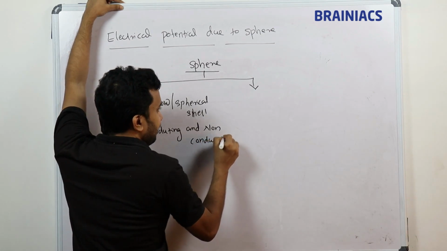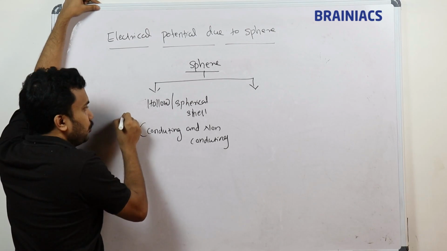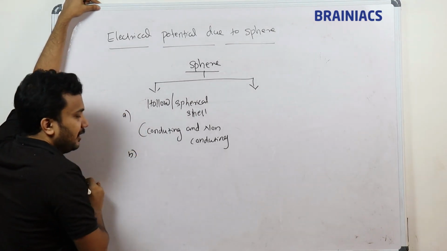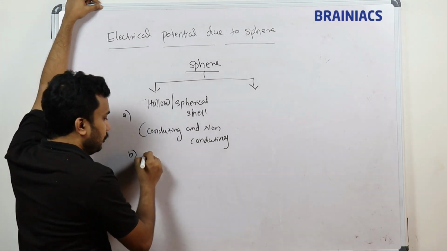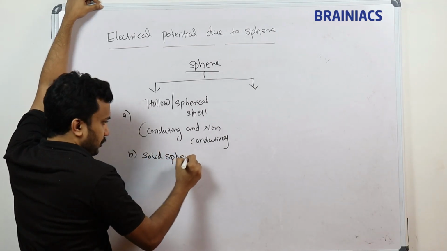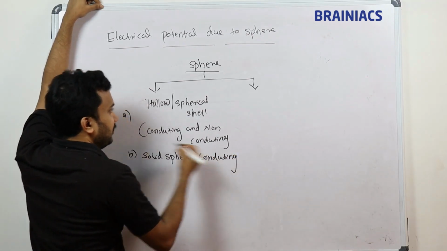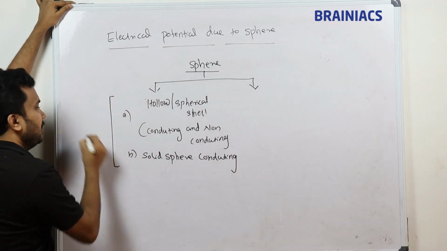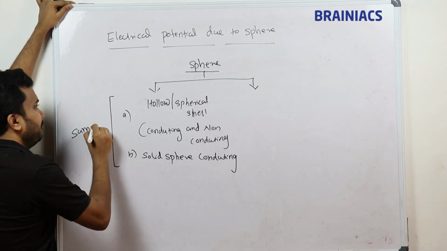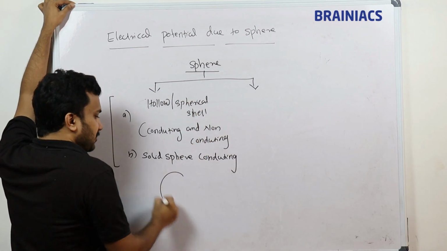The same category also includes a solid sphere that is conducting, a conducting solid sphere. This is actually the same category, there is no difference. What does this one category indicate?